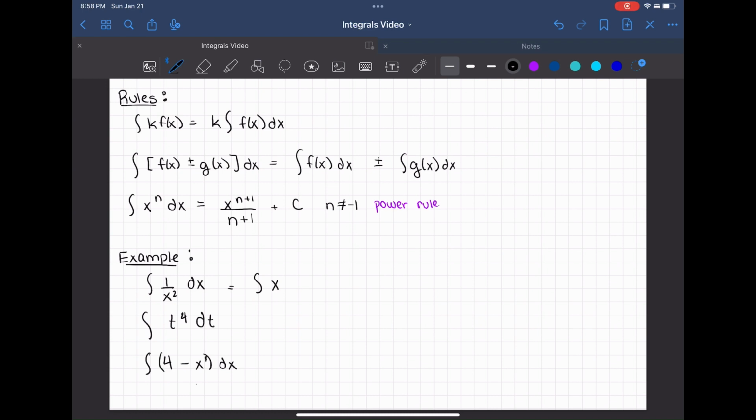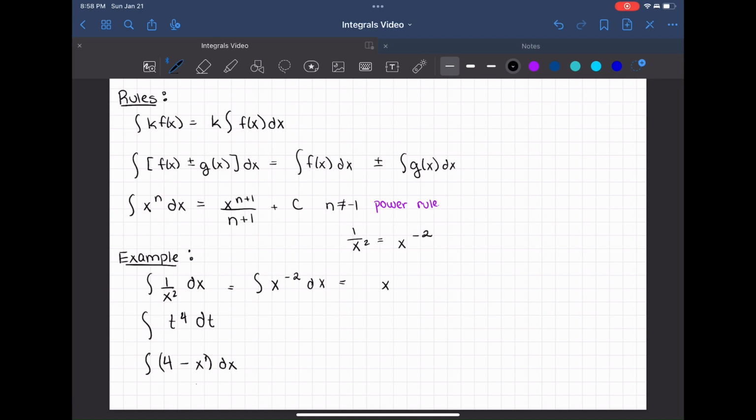Because 1 over x squared is the same thing as x to the negative 2 dx, right? And now we see that because the exponent is not negative 1, we can just use our power rule, right? The exact same way. So power rule, add 1 to the exponent.